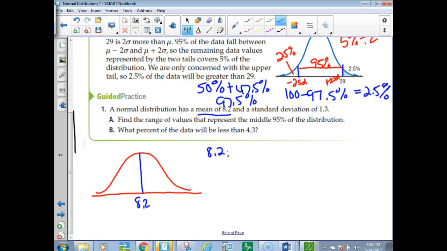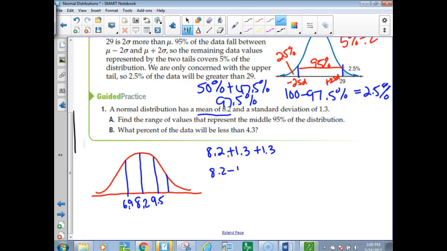So we'll take the 8.2, add 1.3 to get 1 standard deviation away. And that's 9.5. Now let's go to the left also. 8.2 minus 1.3 would be 6.9. And then let's go out again. 2 standard deviations away to the right, we'd add another 1.3.